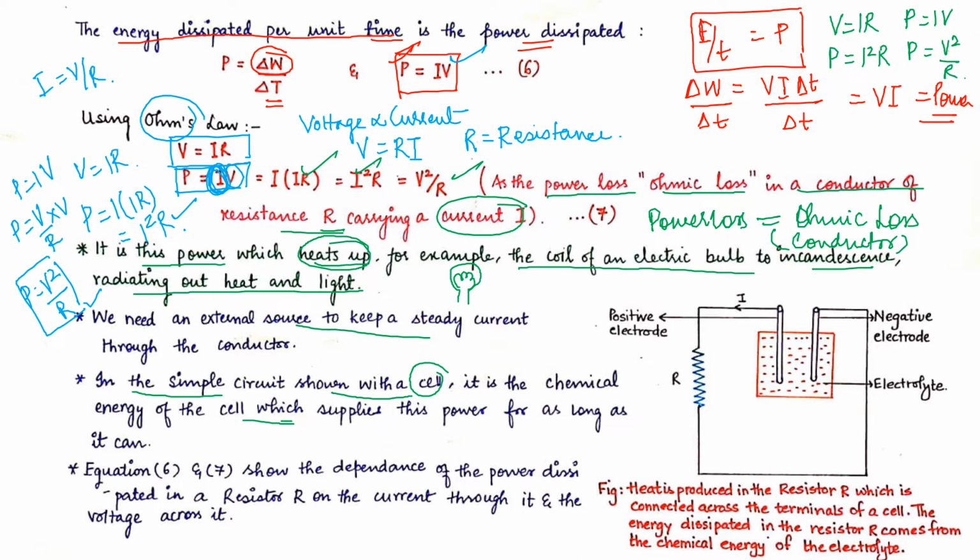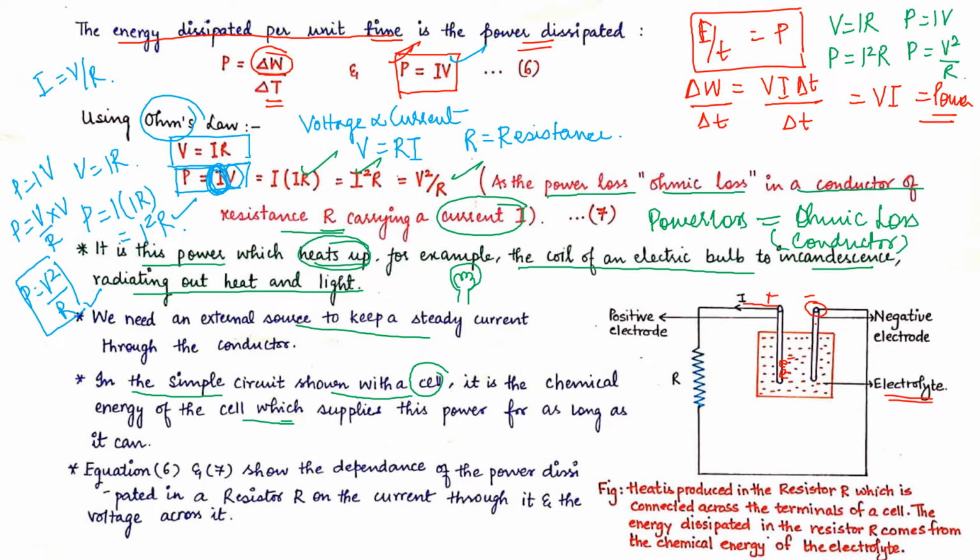I will explain it with red ink. This whole thing is the electrolyte. Electrolytes are a solution in which you will find positive and negative ions. This is a negative electrode and this is a positive electrode. Current is flowing from the positive to the negative, and all these electrons are attracted to the negative.